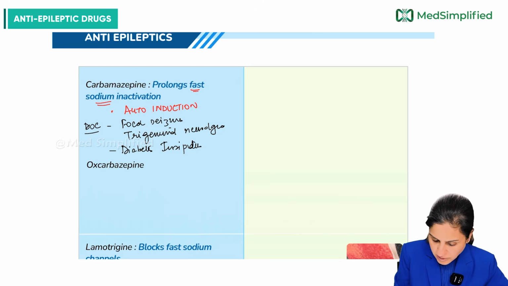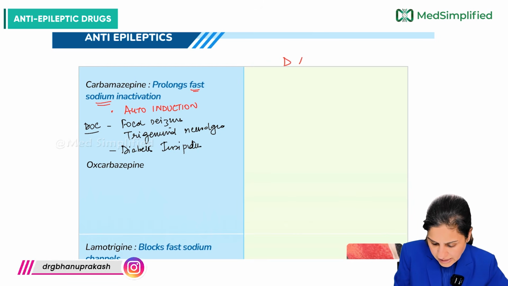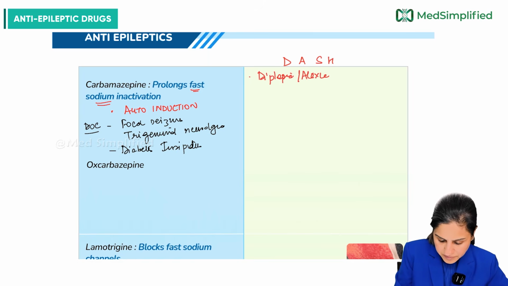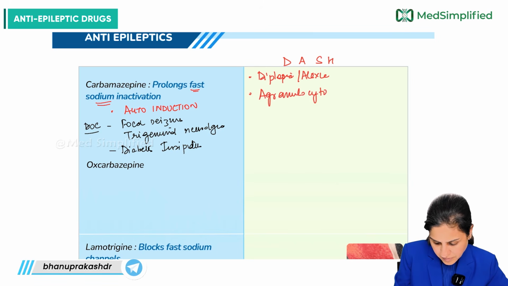Okay, so what are the adverse effects with carbamazepine? Remember a mnemonic, DASH. D: diplopia and ataxia. A: it can cause agranulocytosis. And as I told you, another thing you can remember, it's an auto-inducer.